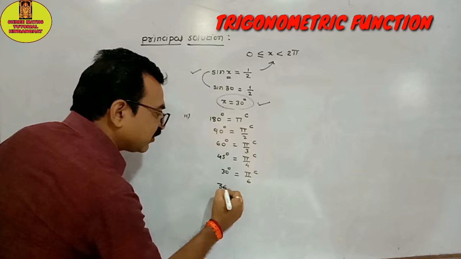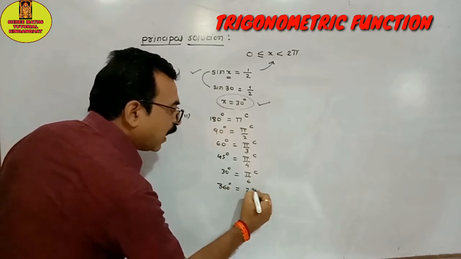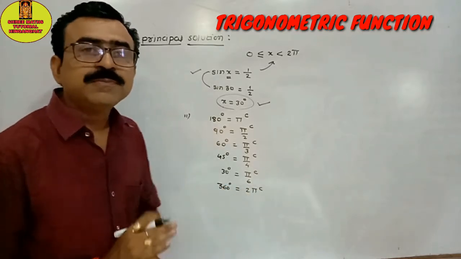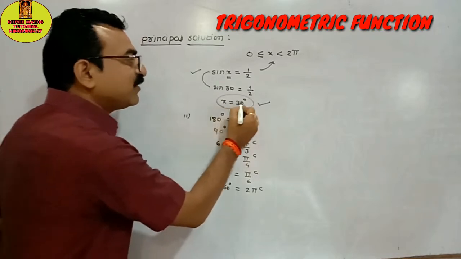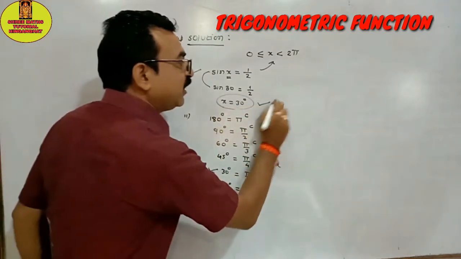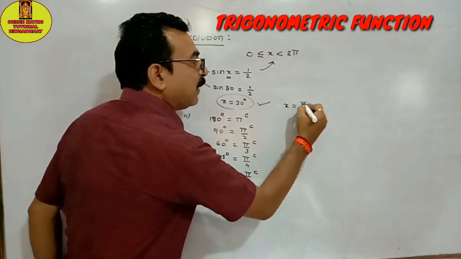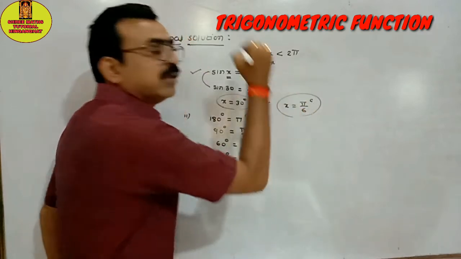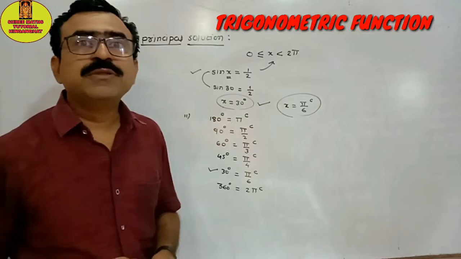Okay? 360 degree means 2 pi radian. Understood? So here x is equal to 30 degree, and 30 degree means pi by 6 radian. So x is equal to pi by 6. Okay? That is your principal solution.